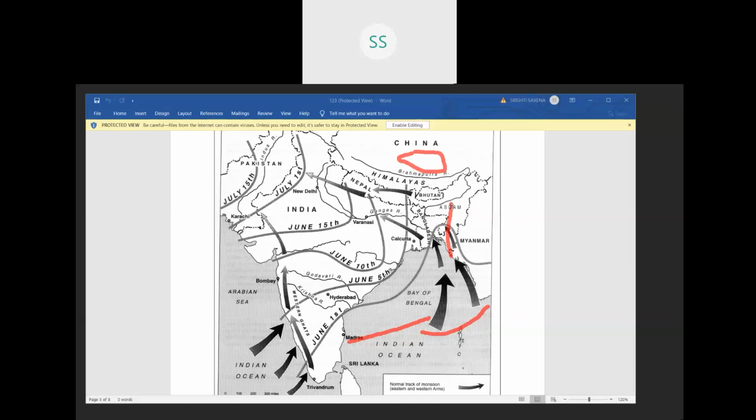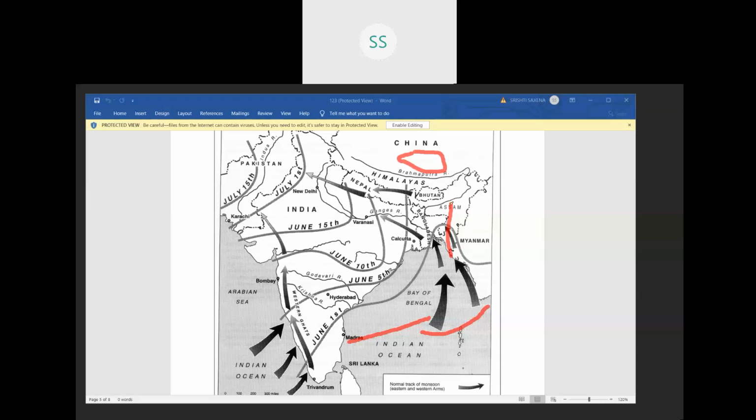The winds generally move from high pressure to low pressure. So on the Bay of Bengal there is high pressure, and on the Tibetan plateau it is low pressure because it is very heated. The plateau gets heated, due to which the pressure is low.